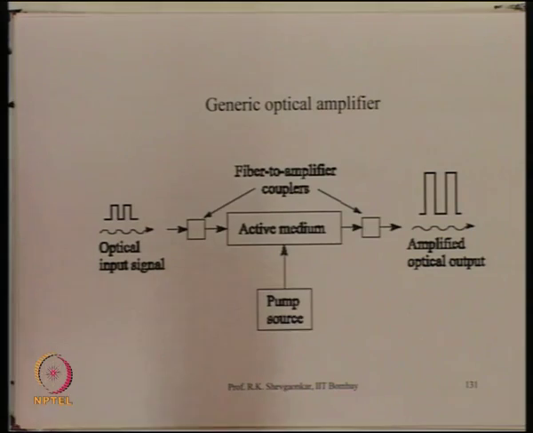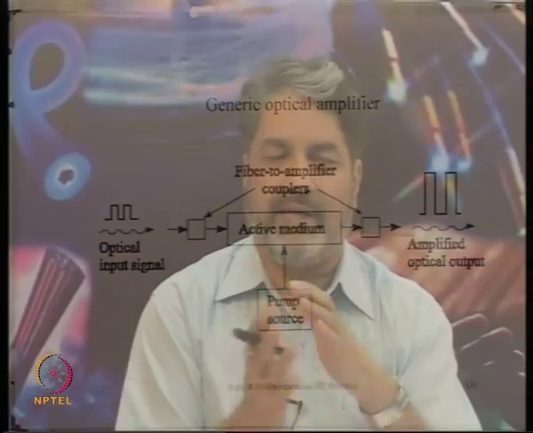So essentially what we are looking for now is, first of all, a material which can have the energy levels corresponding to those wavelengths or frequencies which we want to amplify. We have seen in laser that if the difference in the energy levels is equal to the energy of the photon, then stimulated emission can take place and the photon flux is amplified.